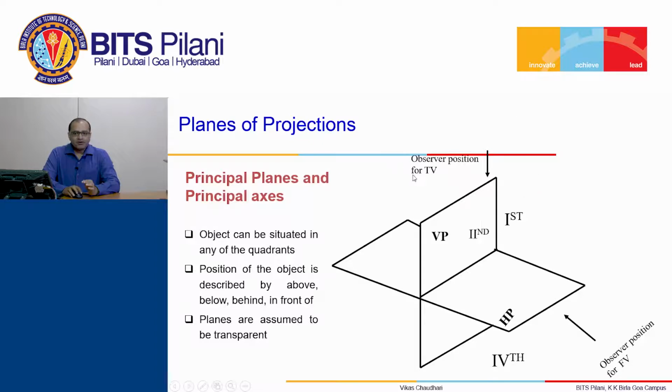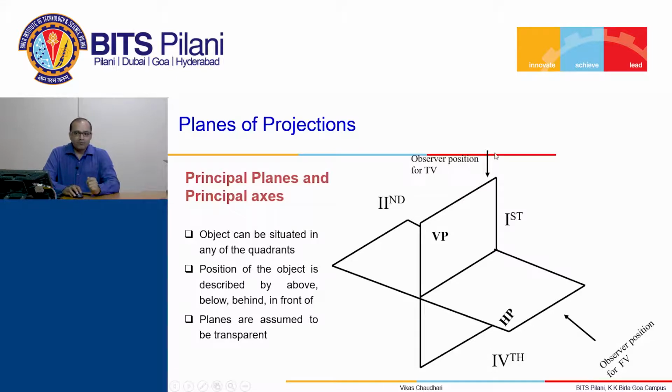The second quadrant is the region which is above the horizontal plane and behind the vertical plane. Now the thing to be understood here is that the position of the observer will remain the same. For the front view, the observer will be here, whereas the first quadrant and fourth quadrant will be nearer to the observer.